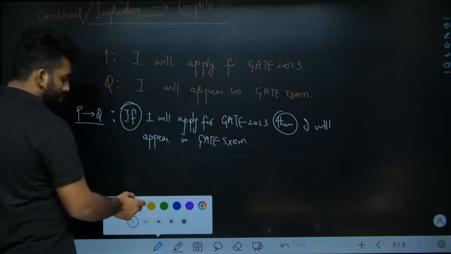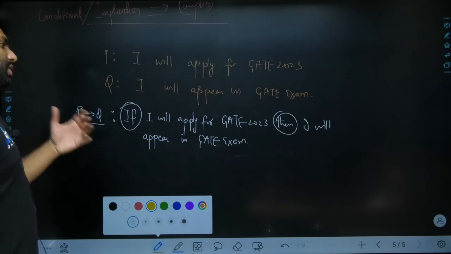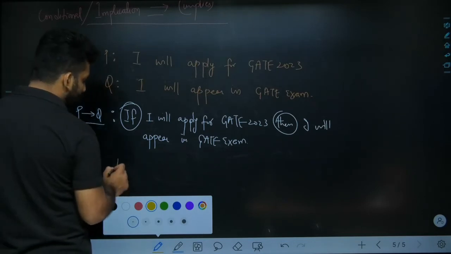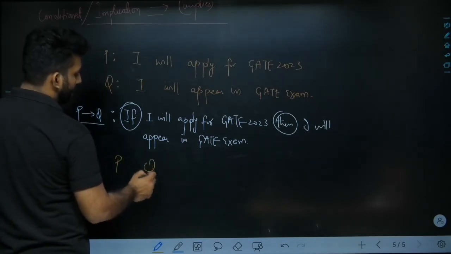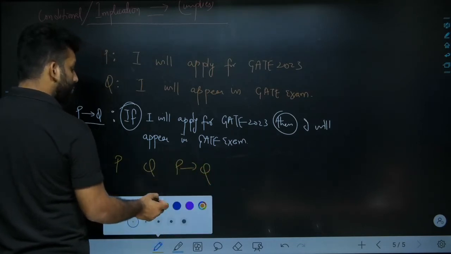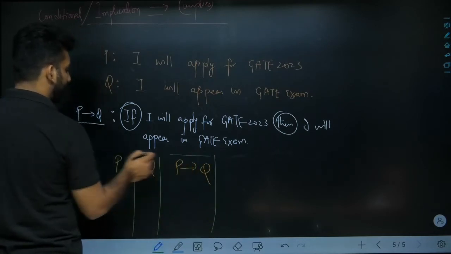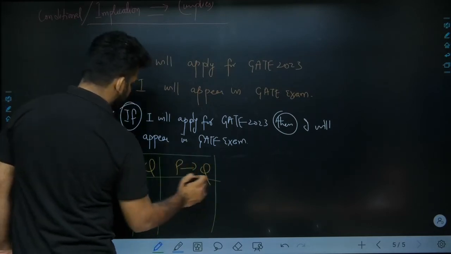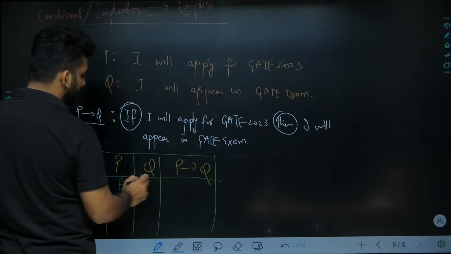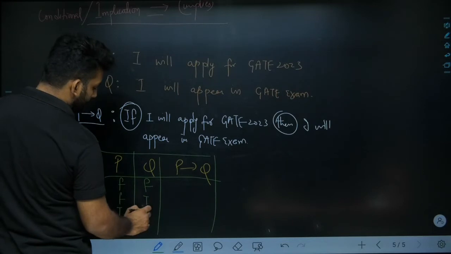So let me just give you the truth table and understand it deeply. If there is P, if there is Q, and there is P implies Q, so what will be the truth values? Let's say if this is false, this is false. If this is false, this is true. This is true, this is false.